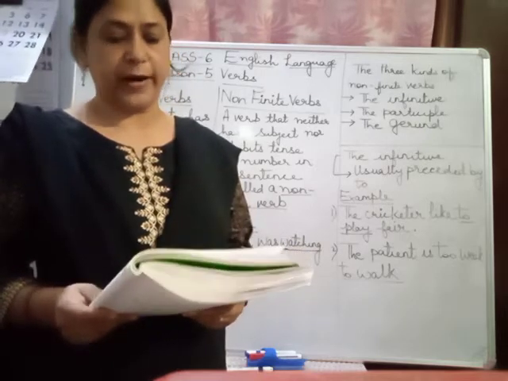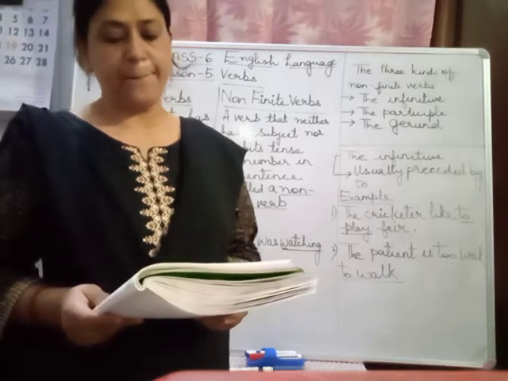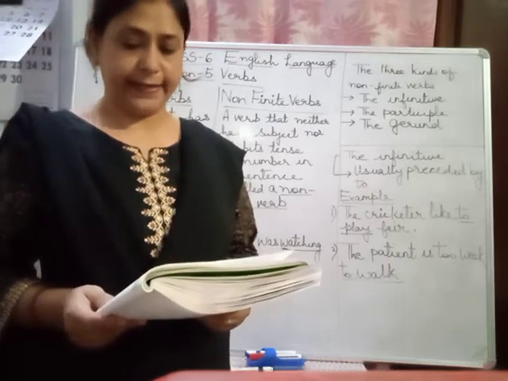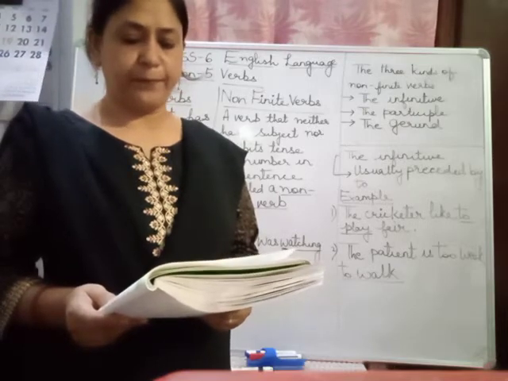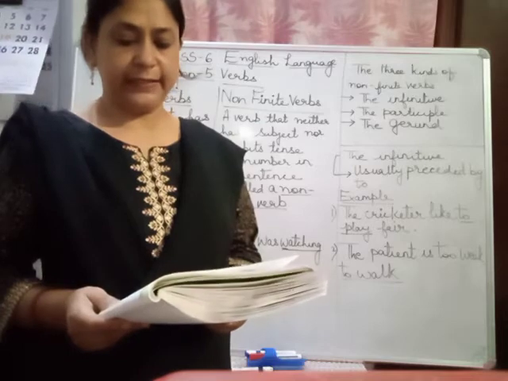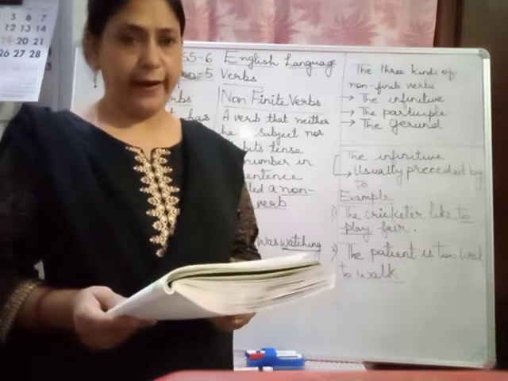Let's see participles. Participles are of two kinds, present participles and past participles. Present participles end in ing, while past participles end in ed, d, t, en or n.